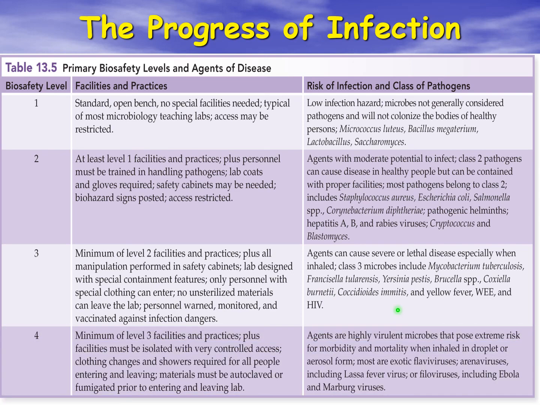And then class 4, level 4 safety labs, will have all of the minimums of level 3, plus you will now be in your own protected environment in a hazmat suit. These are what's known as shower in, shower out facilities. When you go into a level 4 lab, you would go into an outer area first.